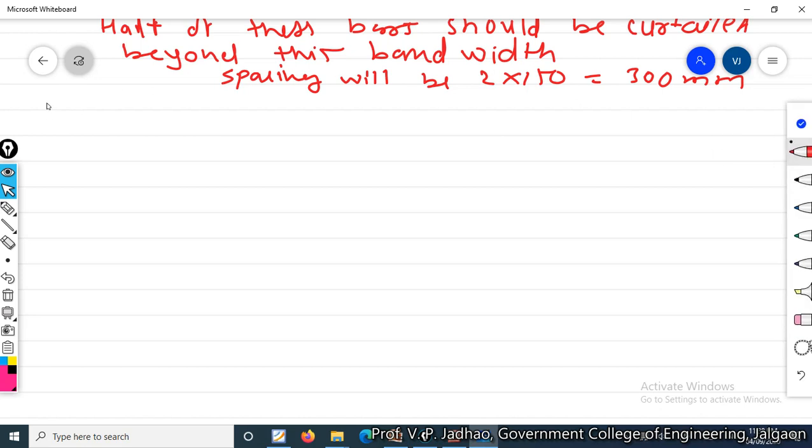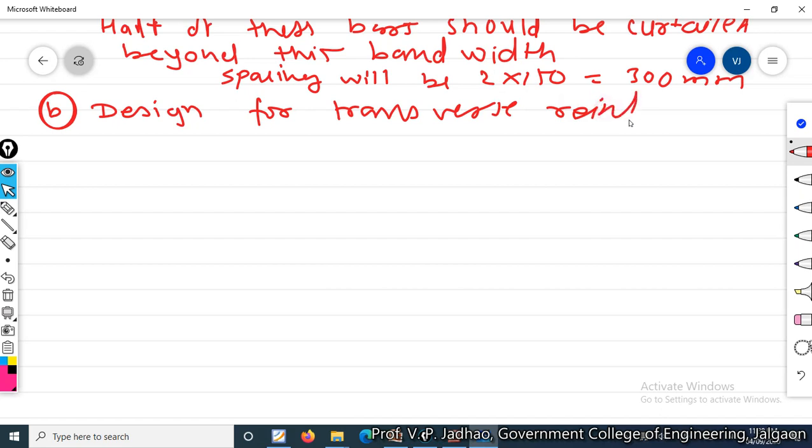So consider step B, design for transverse reinforcement. We have first designed the reinforcement in the longitudinal direction, that is along the line. Now we have to design along the transverse direction, that is how much will be the reinforcement along the transverse direction.